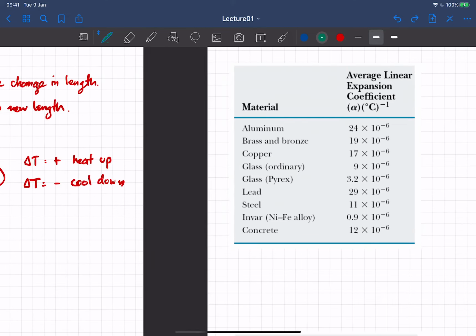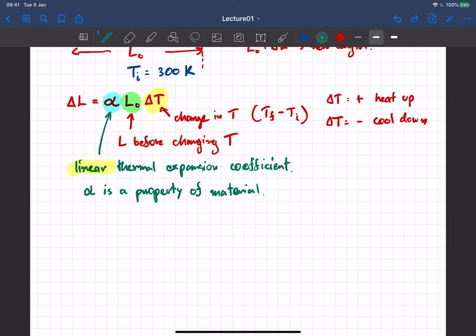Allow me to go back a little bit here. If we look at this formula and analyze the unit, I'm going to use this notation, which is a bracket. So bracket M means the unit of delta L is meter. And the unit for L0 is also meter, because it's also length.